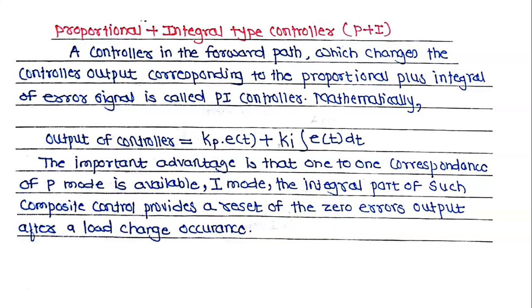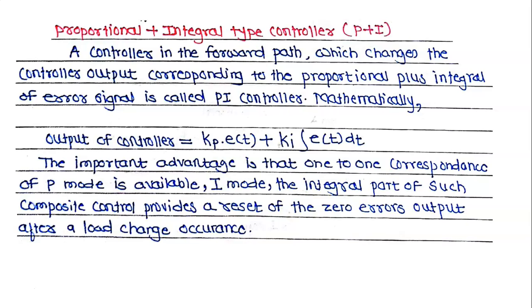Today we will see the proportional plus integral type of controller, that is P+I, the proportional plus derivative type of controller, that is P+D, and the proportional plus integral plus derivative type of controller, that is P+I+D. Now we will see the proportional plus integral type of controller, that is the P+I controller.